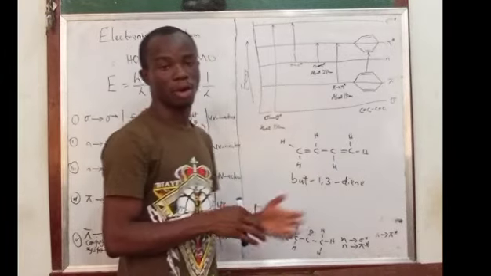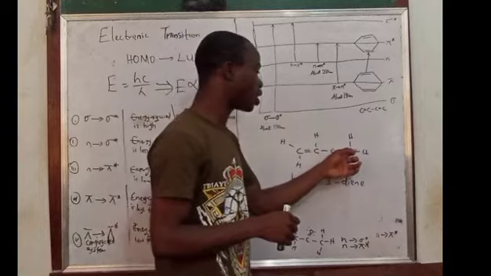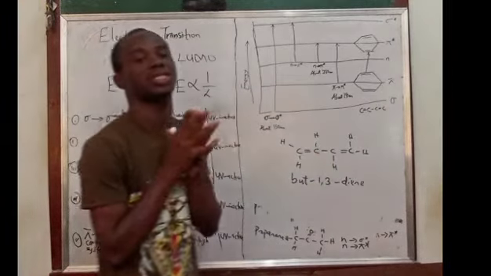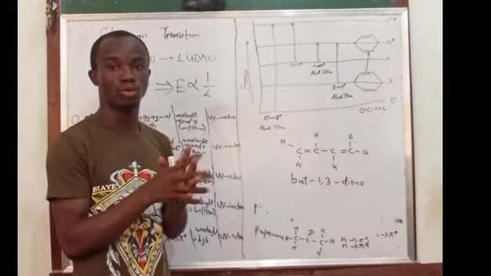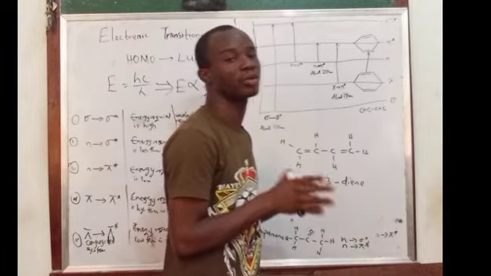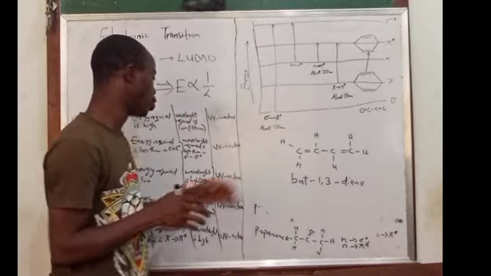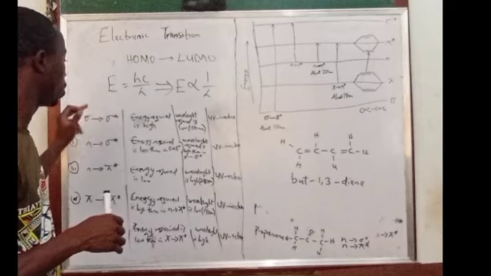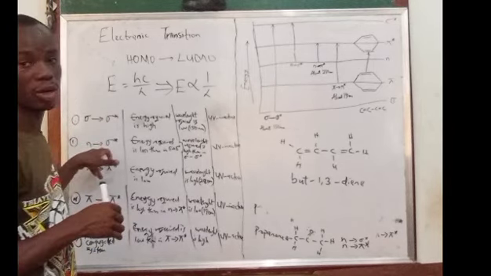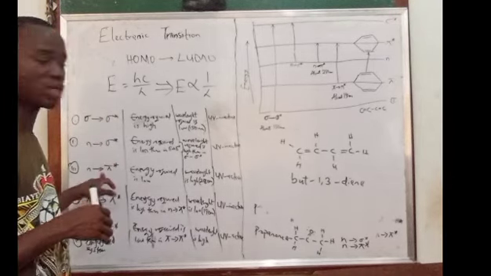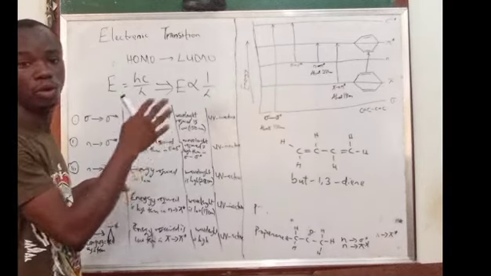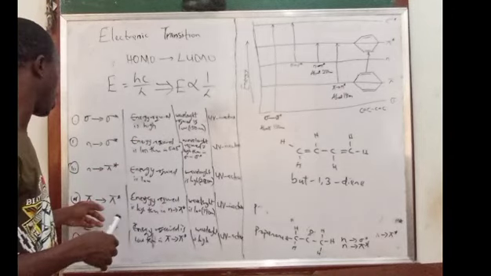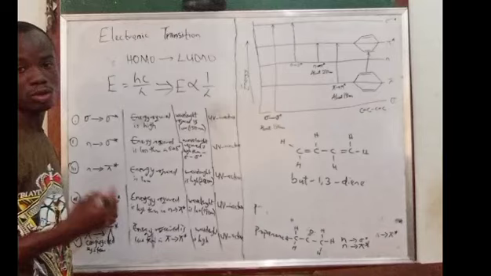In this compound, the two double bonds in the system are separated by a single bond. So if they ask what kind of transitions we are going to have in this molecule, we can have the sigma to sigma antibonding, the pi to pi antibonding, and we cannot have the n transitions, because there is no lone pair of electrons in the system.